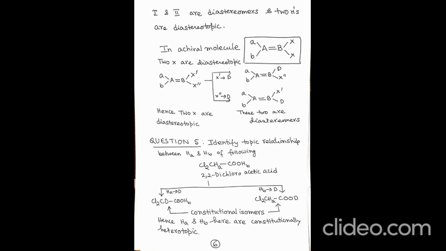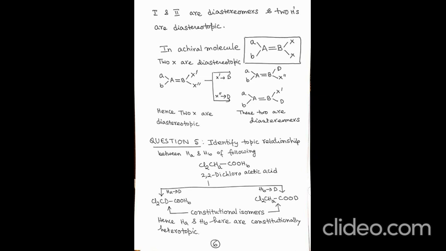Now coming to the last part of this, one more topic relationship can also be established, that is constitutionally heterotopic. Now in order to prove that, I have taken the molecule 2,2-dichloroacetic acid, and the question is to find out the topic relationship between the two hydrogens of this molecule which are labeled as HA and HB.